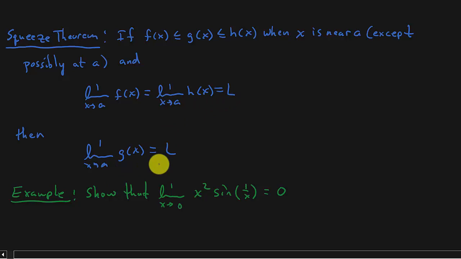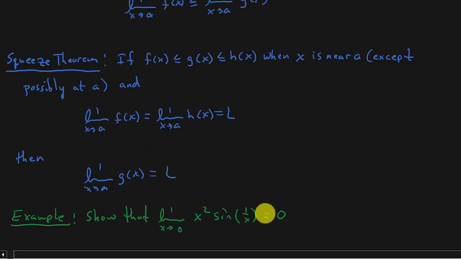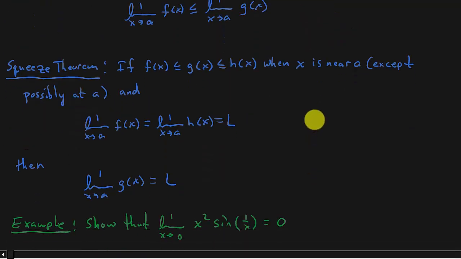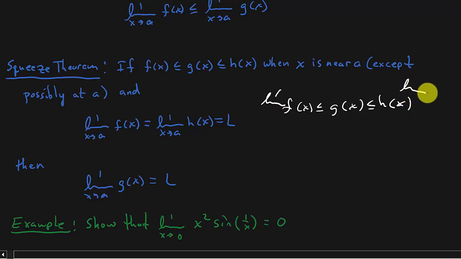All right, which, you know, that makes sense, doesn't it? Because see, we can use this theorem here. Okay, so what they're saying is if this is the case, and then the limit of this function and the limit of this function are both equal to L, then the limit of this function has to be L. You see that?